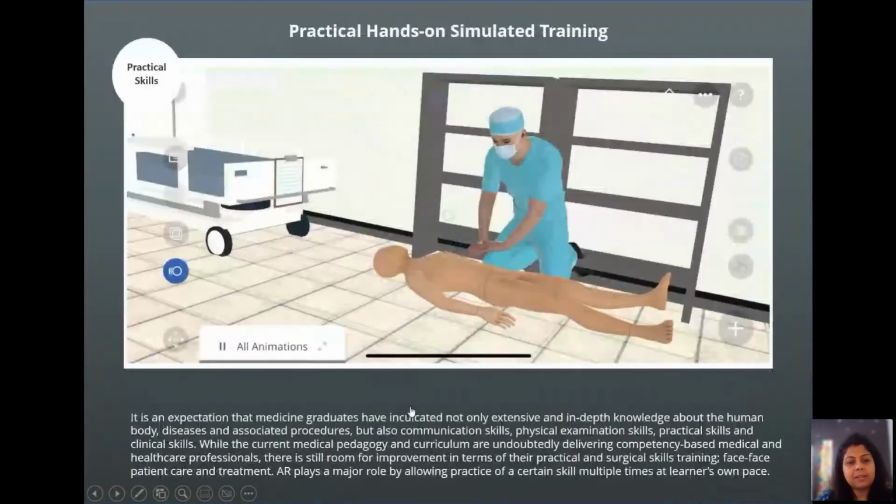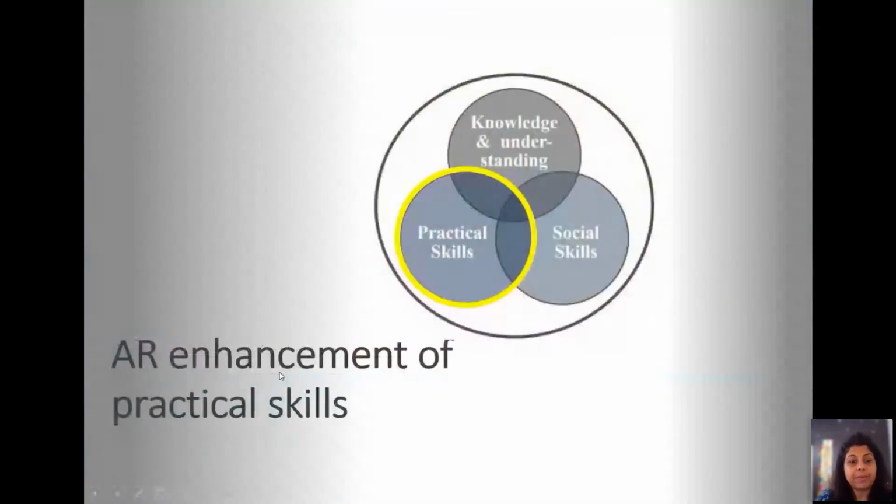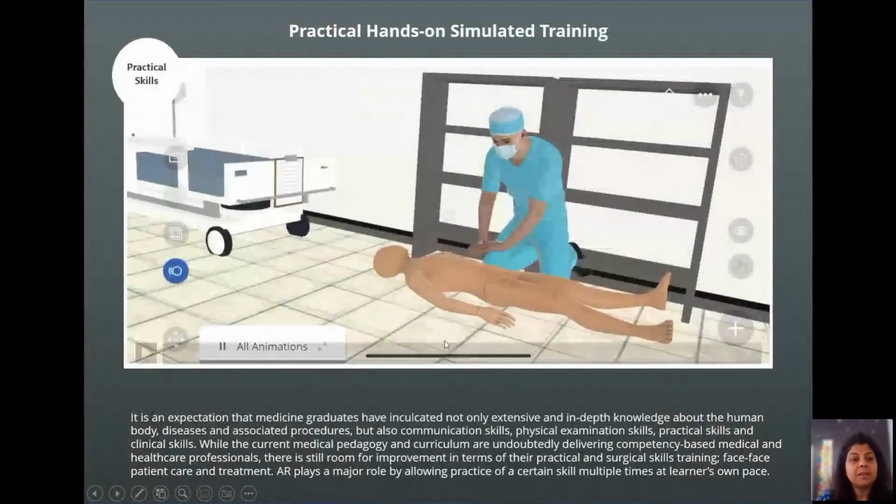All right. Again, a little quick recap of the practical skills that we have discussed. We have discussed how simulated trainings for surgical practices or other clinical procedures can be achieved through EON-XR training and allow you to practice multiple times to sharpen your knowledge.